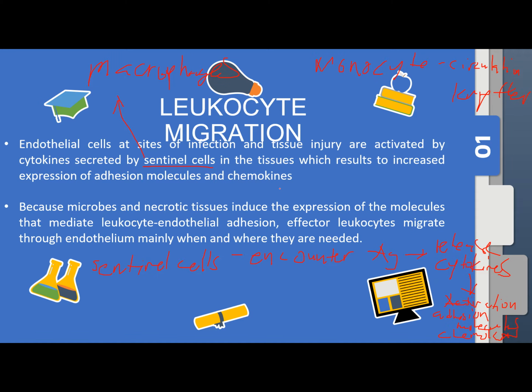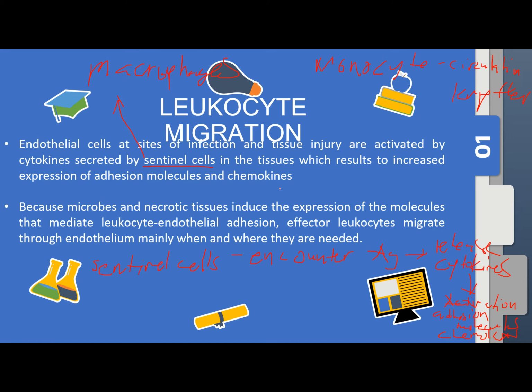Endothelial cells at the site of infection and tissue injury are activated by cytokines secreted by sentinel cells in the tissue, resulting in increased adhesion molecules and chemokines. So when sentinel cells encounter antigen, they would release cytokines, activating the endothelial cells, activating adhesion molecules, and even chemokines.